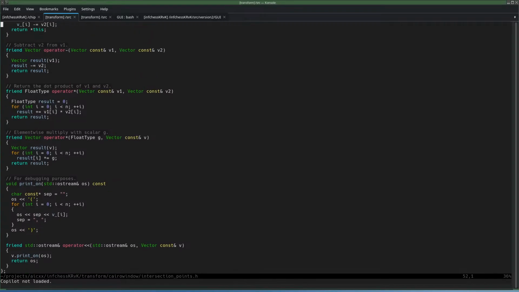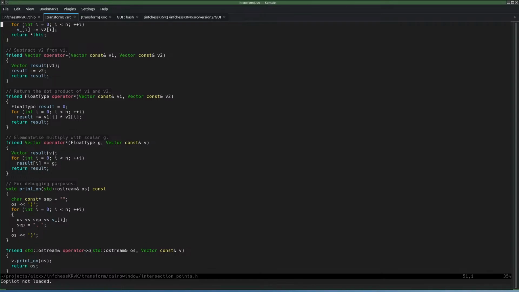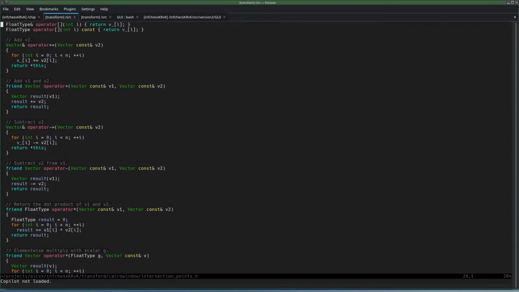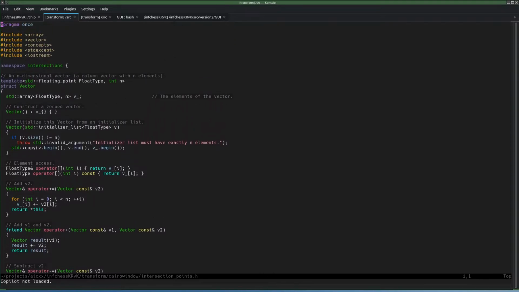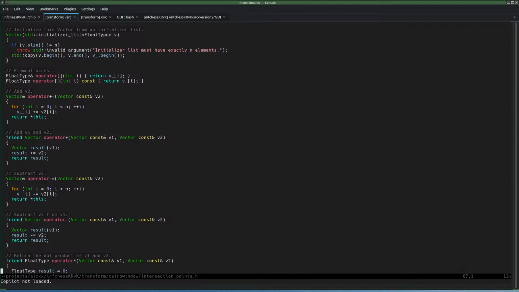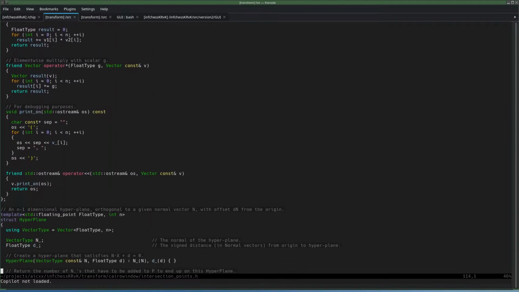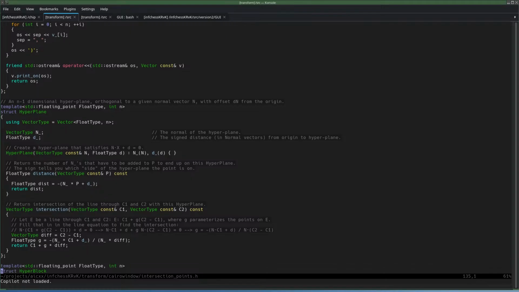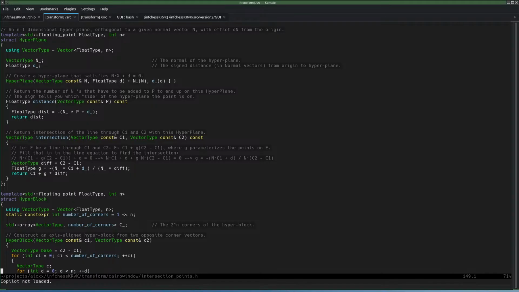I do have an OStream operator for the vector here. So why not for the hyperblocks? They're even defined like this, as in they work for any OStream, not just the debug output. Yeah, sure.